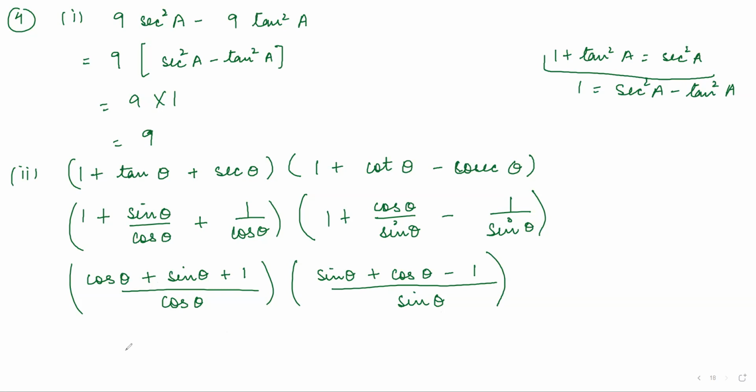Or I can use a square minus b square, which is actually a plus b into a minus b. Can you compare it with this? If I take cos theta and sine theta combined, this is cos theta plus sine theta plus 1 and cos theta plus sine theta minus 1. So can I write it as the a square minus b square identity?